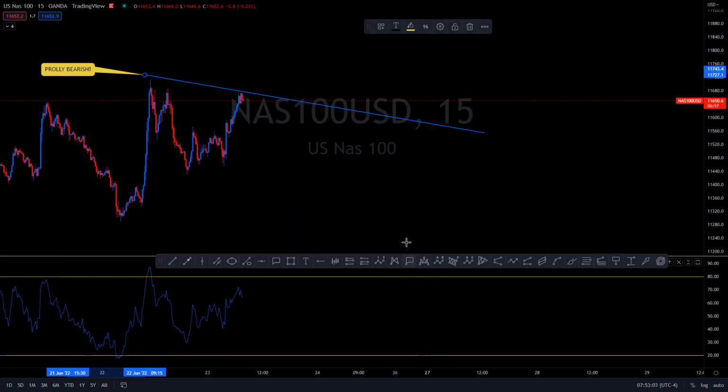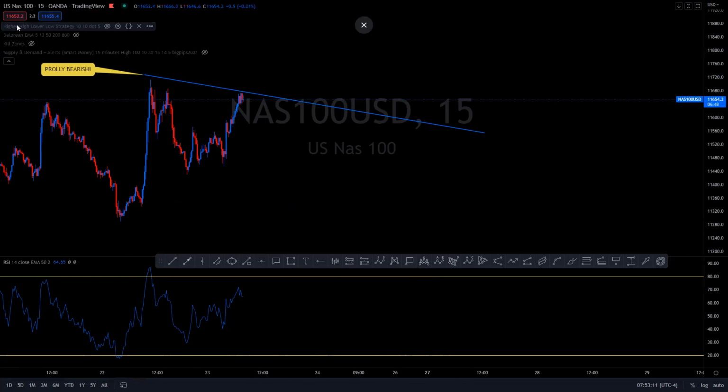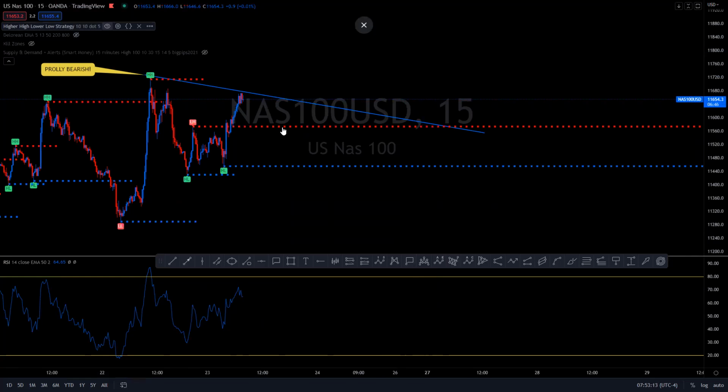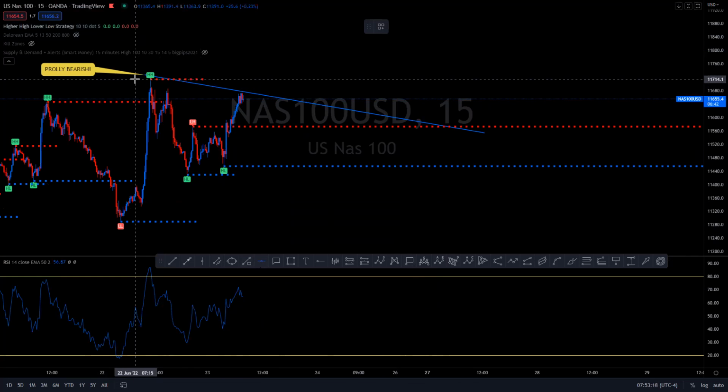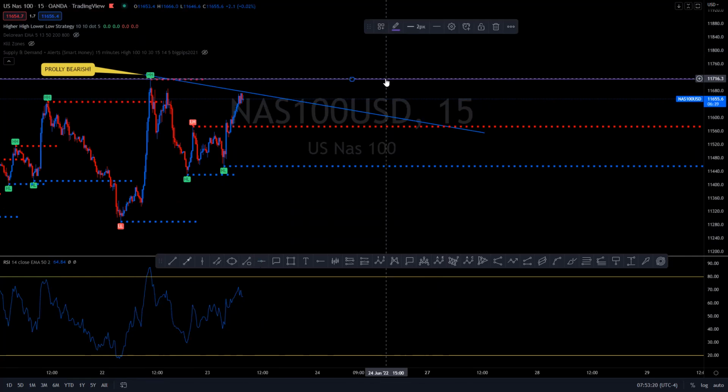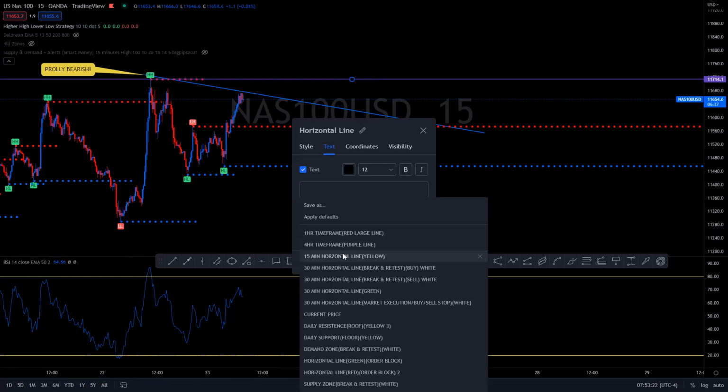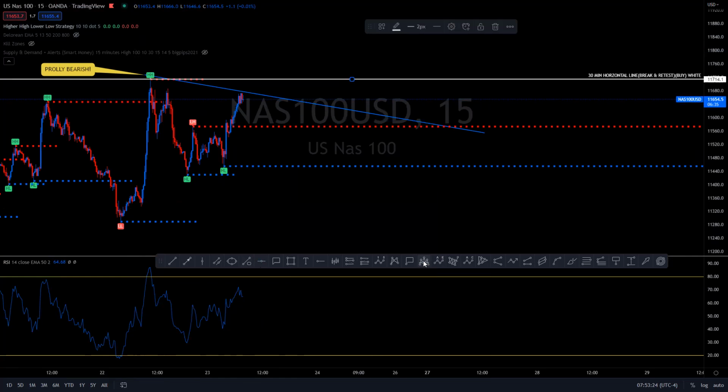Now I'm going to locate the nearest high and the nearest low. The way I do that is by turning on the higher high, lower low strategy indicator. So this is the most recent low, and this is the most recent high. This is the high where I'm going to place my break and retest for the buy. If price breaks and retests here and goes up, then it's probably a good buy.